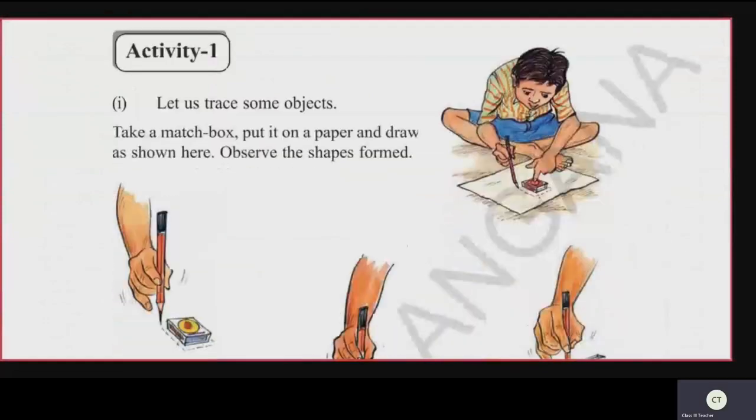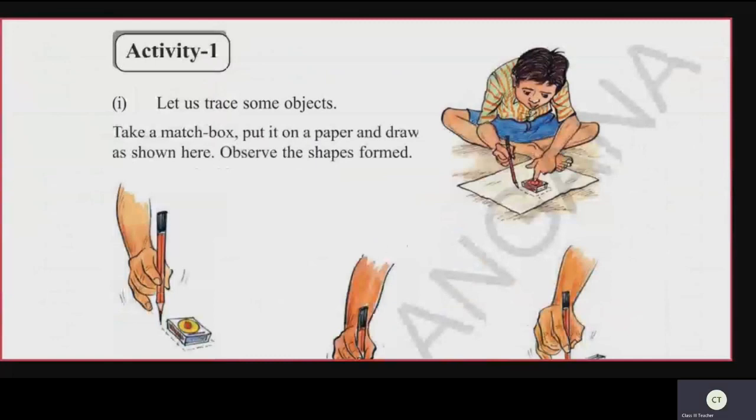In the last class, we discussed different types of shapes and how to draw shapes, 2D shapes and 3D shapes, and types of views. Okay, children. And today we are going to learn a new topic, that is tracing.